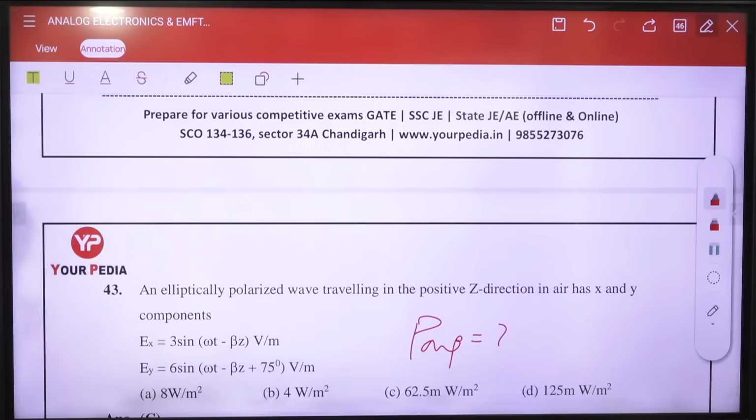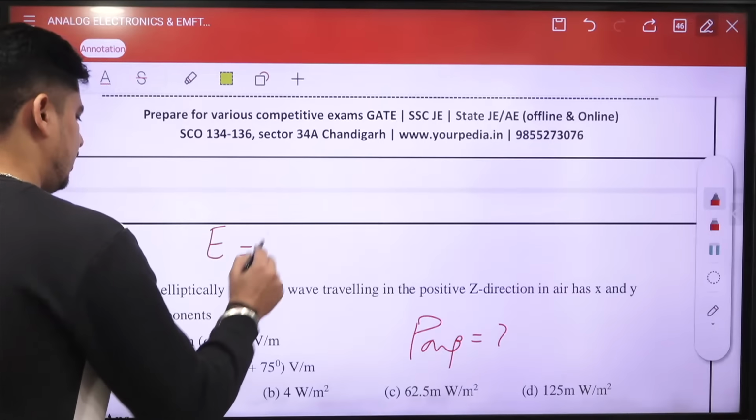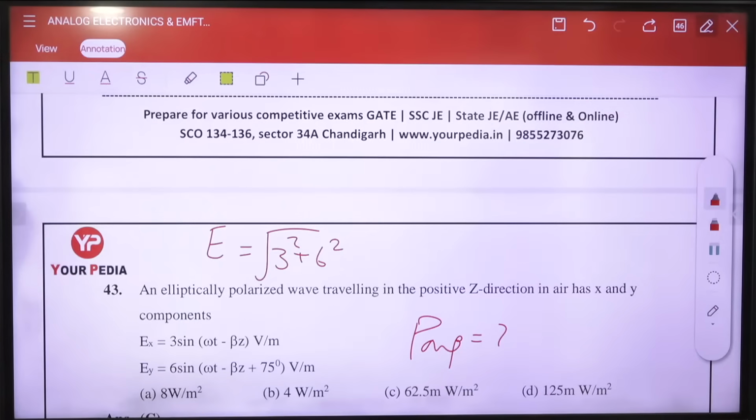First we have to calculate the magnitude of the electric field. That is going to be how much? Under root of 3 square plus 6 square. How much is this?